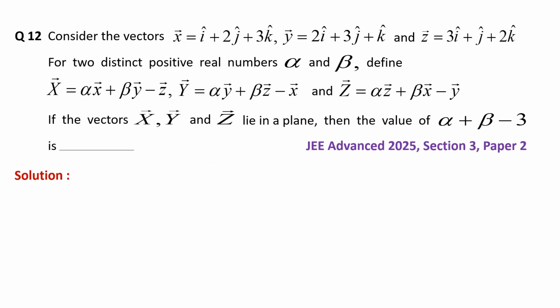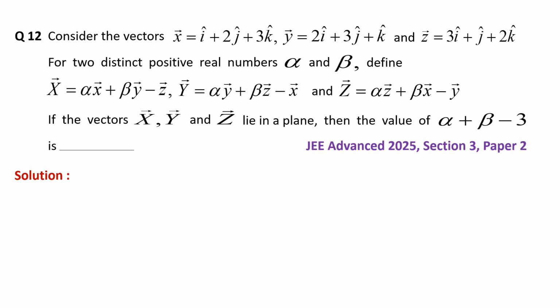Now students, this is the next question. This question is based on the topic of vectors. It says, consider the vectors x = i + 2j + 3k, y = 2i + 3j + k, and z = 3i + j + 2k.